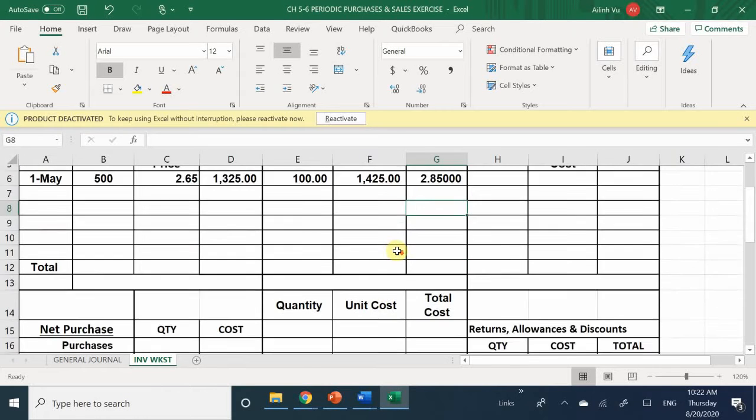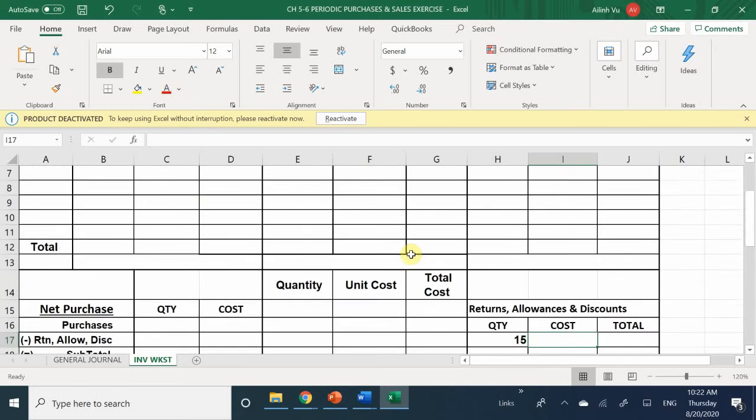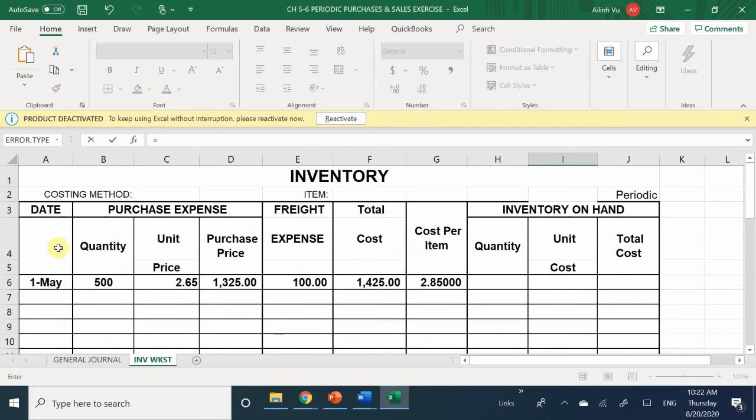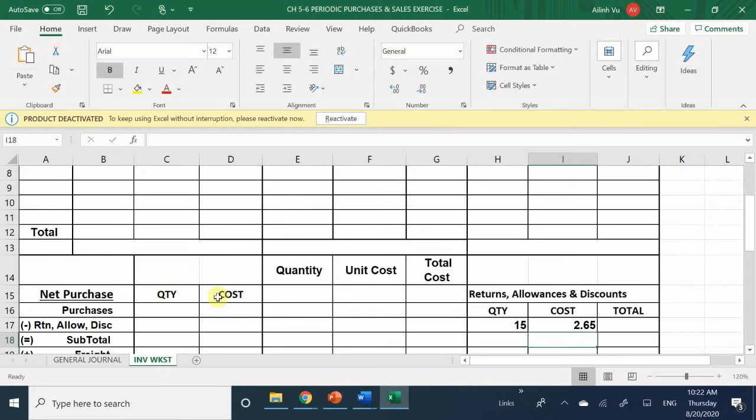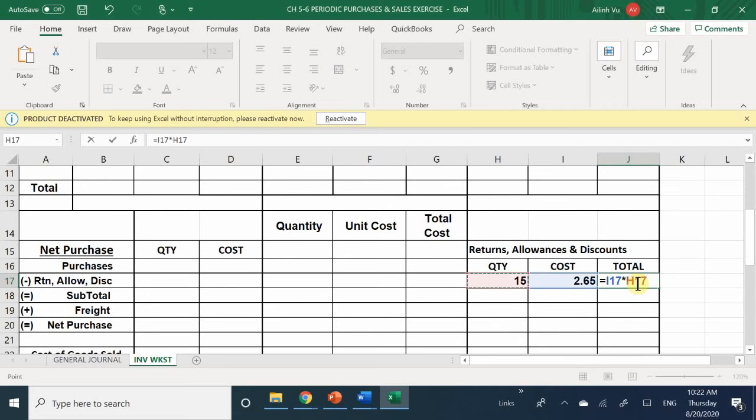Okay? So I'm going to do my calculations on my inventory worksheet so then I can transfer that over into my journal. So I'm going to come down below here. We returned a total of 15 items. How much did I originally purchase each item for? 2.65. All right, and if we calculate our total cost here, how much am I going to get a refund for? $39.75.